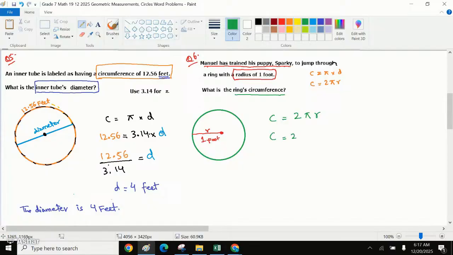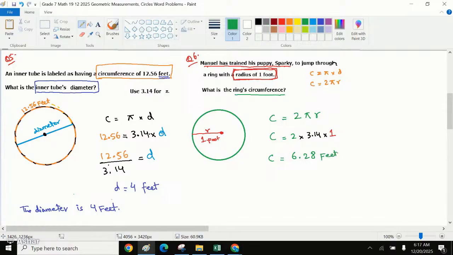So circumference we need to find out. That means 2 multiplied by pi, and the value of pi is always 3.14, multiplied by the radius, and the radius was given as 1 foot. So we multiply it by 1. If we multiply 2 by 1 by 3.14, our final answer comes out to be 6.28 feet.